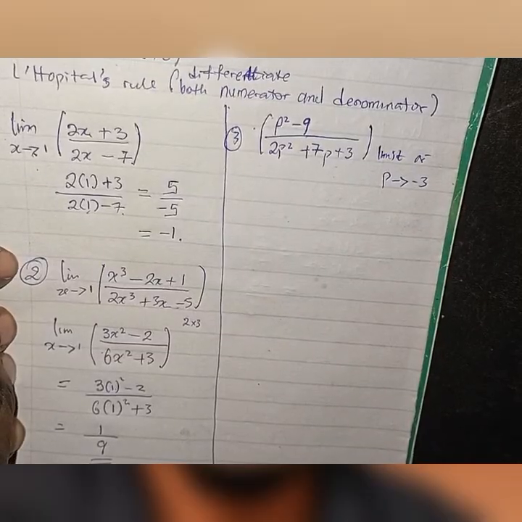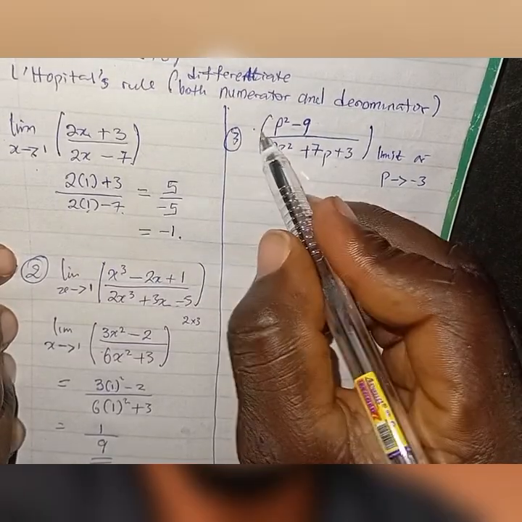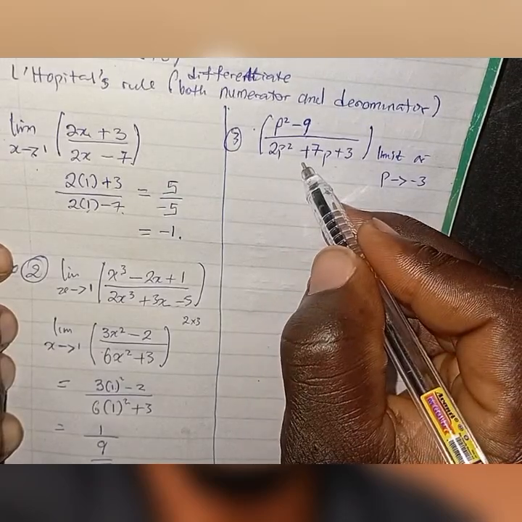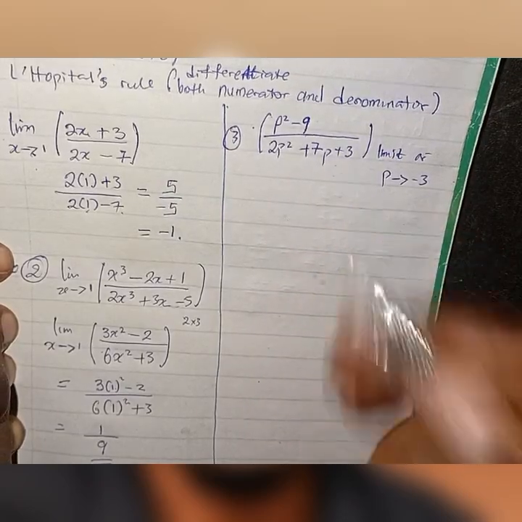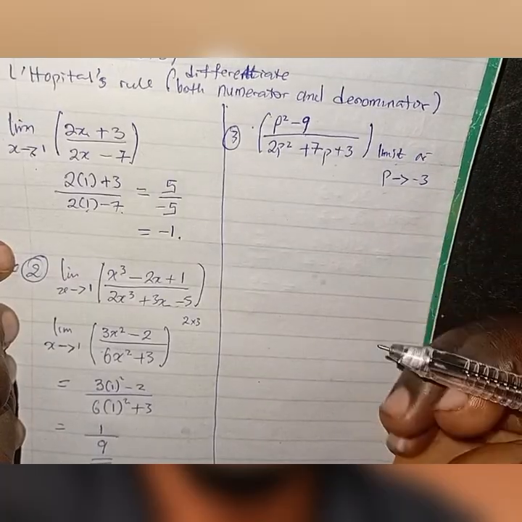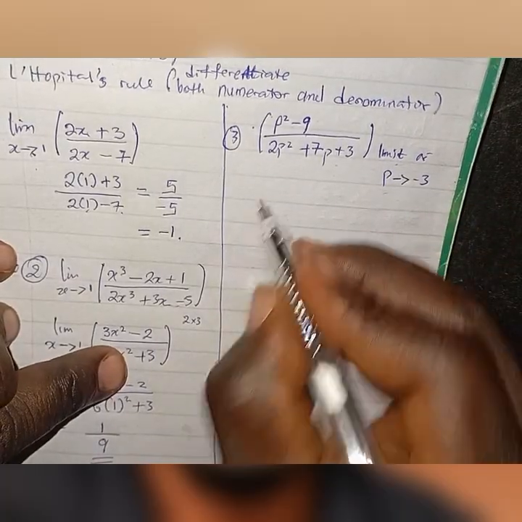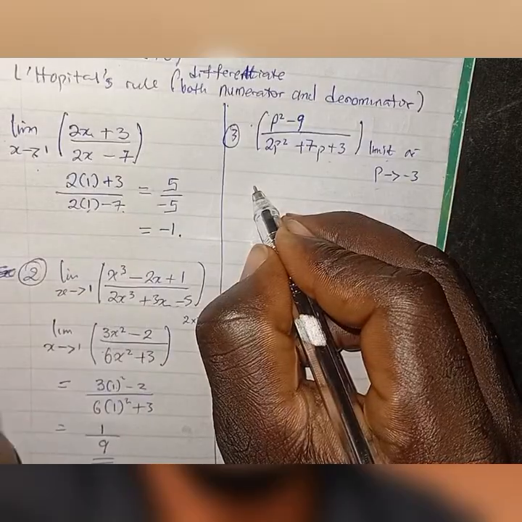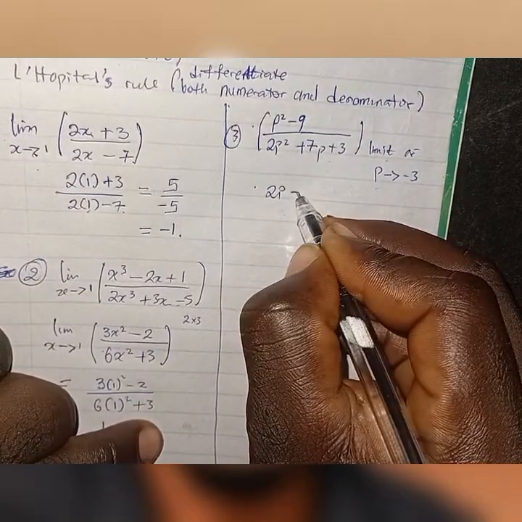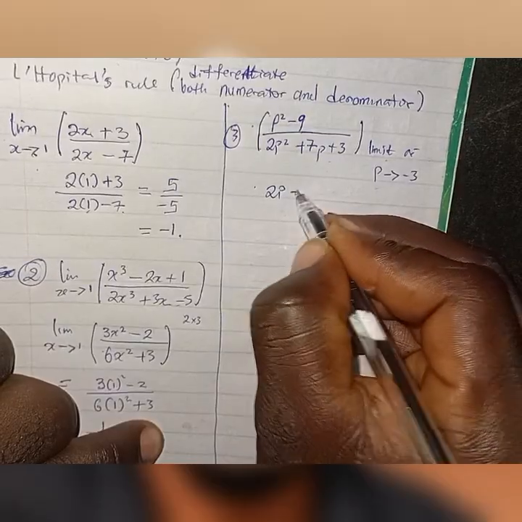This is another example. We have p squared minus 9 over 2p squared plus 7p plus 3, and we are given that the limit of p is approaching minus 3. What we are going to do is still use L'Hopital's rule by differentiating the upper one to give us 2p. This will be 0, so we don't need to write that.